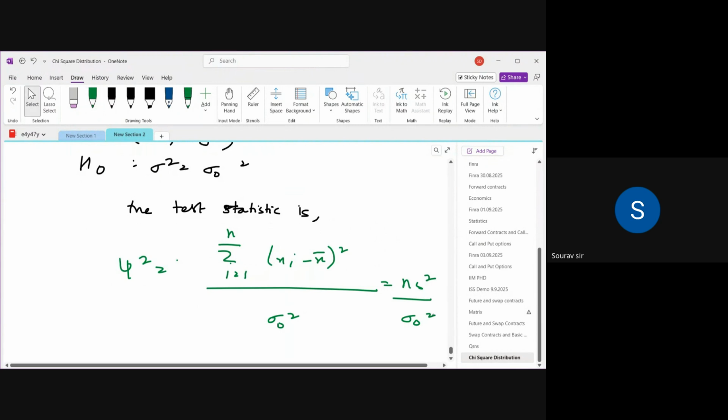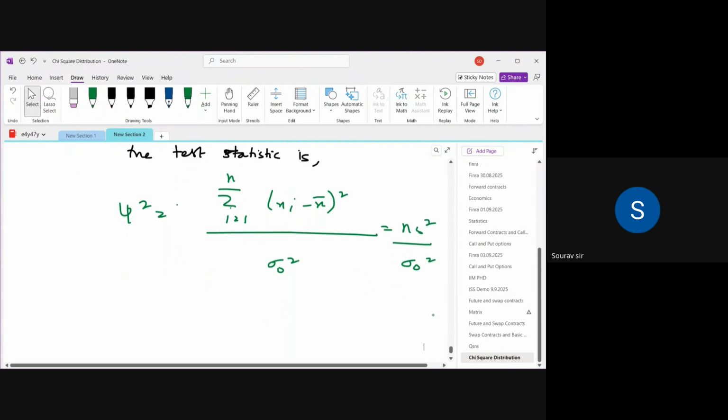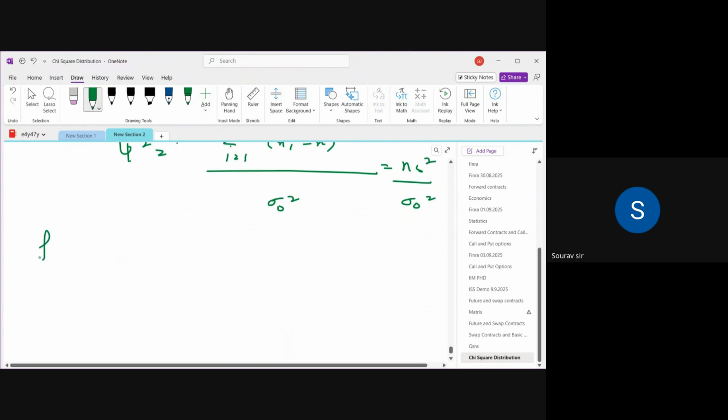It follows a chi-square distribution with n minus 1 degrees of freedom.